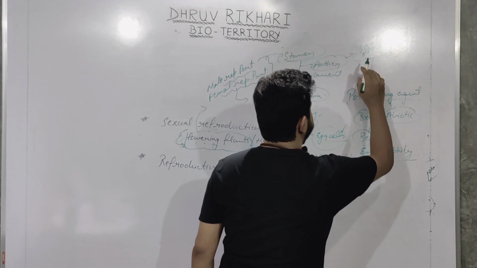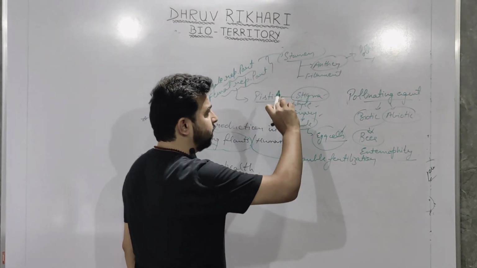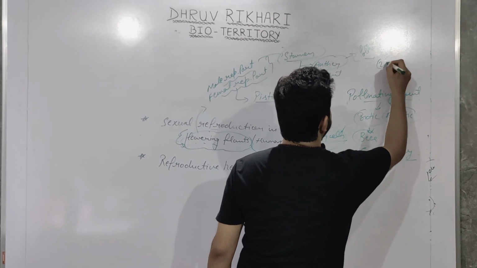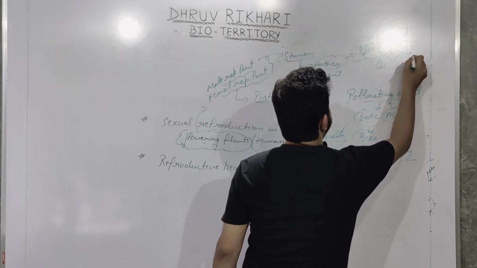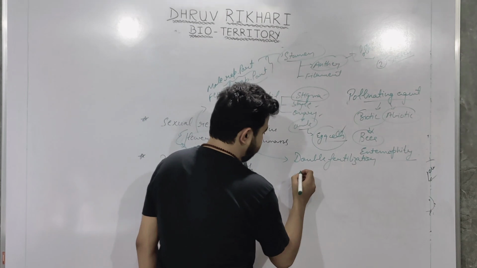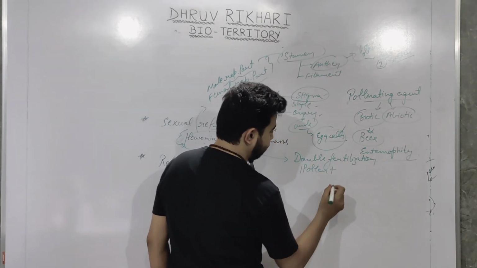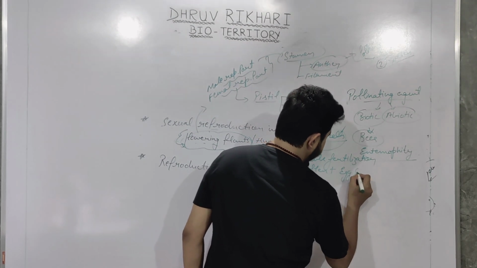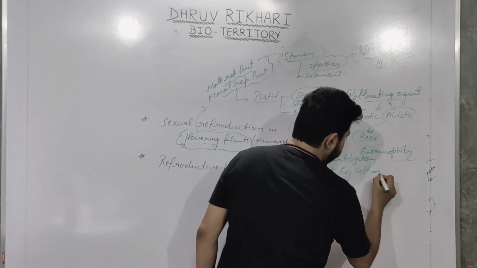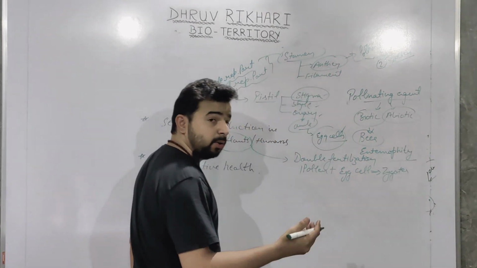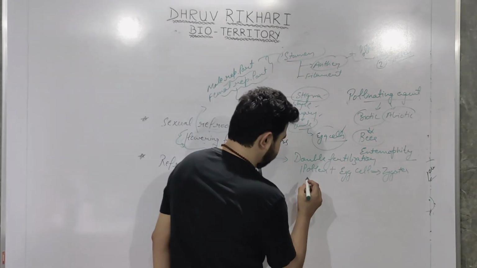When this pollen grain reaches the stigma, there are two mature pollens. One pollen will fuse with the egg cell, and this will form the zygote, which will further undergo the embryogenesis stage.